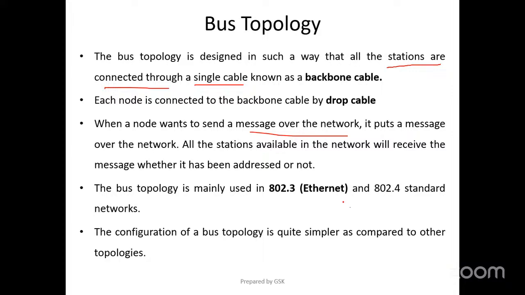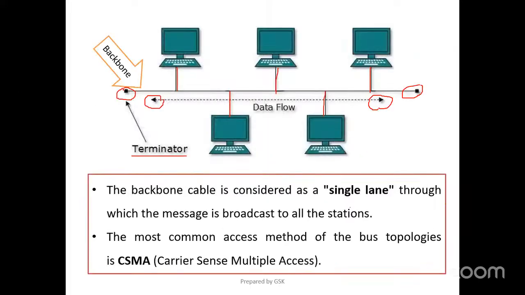Then all the stations available in the network will receive the message whether it has been addressed to them or not. The meaning of that statement is whenever any device wants to send data through this main cable or backbone cable, that data will be delivered to all the stations connected to that backbone cable, even though the data is addressed to only one station.